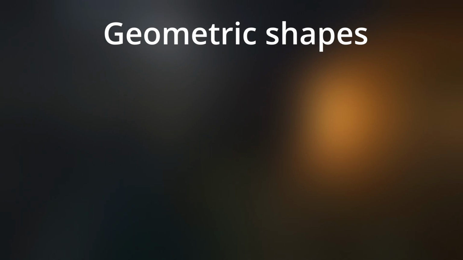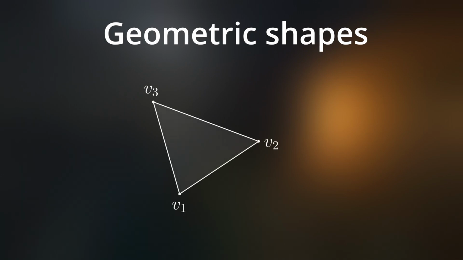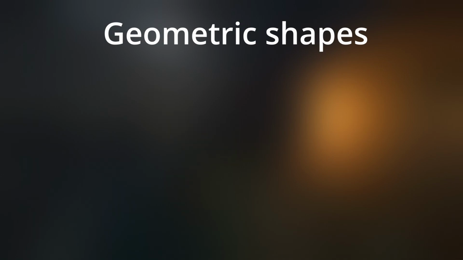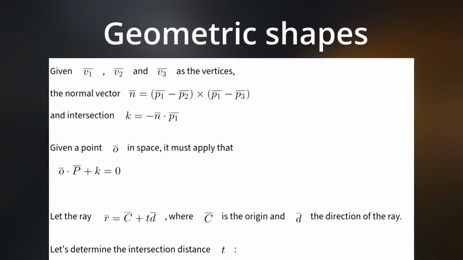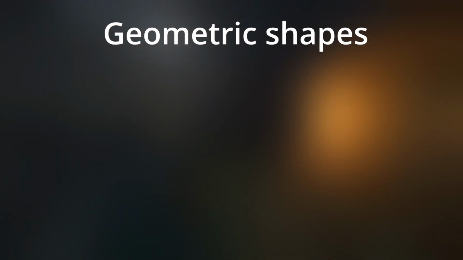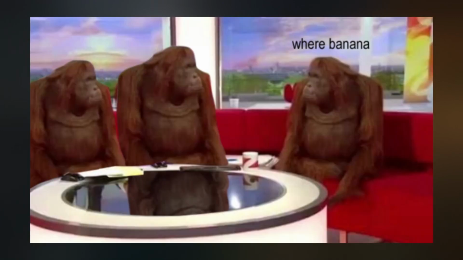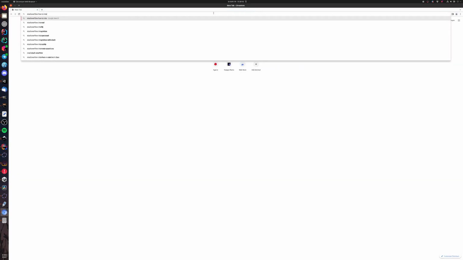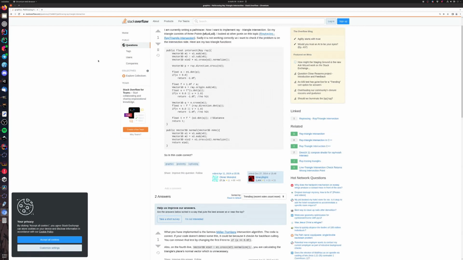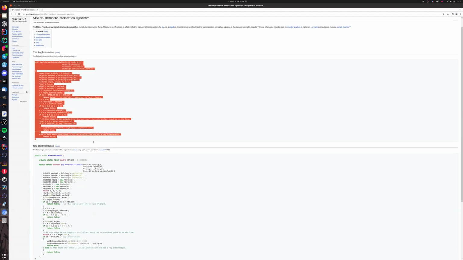A solid choice for the first geometric primitive is the triangle, which is defined by 3 vertices. Theoretically, with those vertices, we could do some fancy math and calculate a formula for determining if said triangle intersects with a ray. Here, in the real world, apes with their monkey brains accustomed to short-term gratification will much rather copy such information from the best friend of a programmer, Stack Overflow.